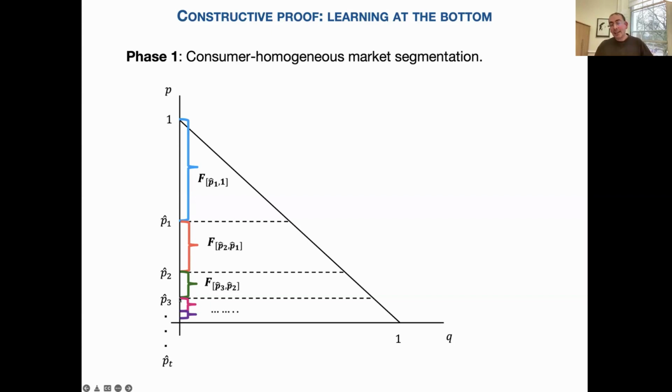Then I start adding blues, so the price goes up, the price goes up, the price goes up. But there is no guarantee that at some point I just don't want to jump right away. And in fact, I will never want to charge PR2. You see, any price close to PR2, I never want to charge it, because at PR2, I only get those consumers. The demand is totally inelastic from PR2 to PR1. So I will never want to charge any price at PR2.